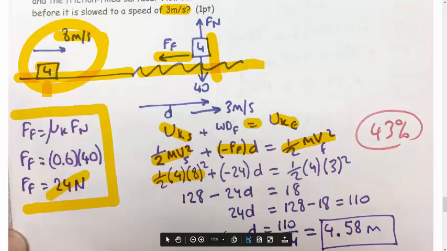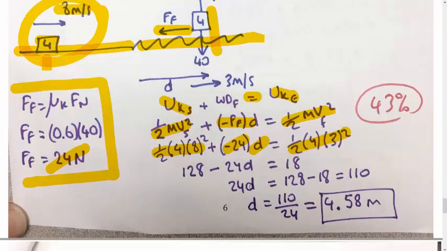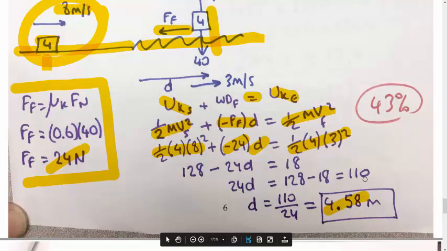It's pointing in a negative direction, so it's minus 24 times d. And that equals a half times 4 times 3 squared, because that was the final velocity, was 3 squared. So 128 equals minus 24 times d, which equals 18. 24d equals 128 minus 18, which is 110. d is equal to 110 over 24, which is 4.58.